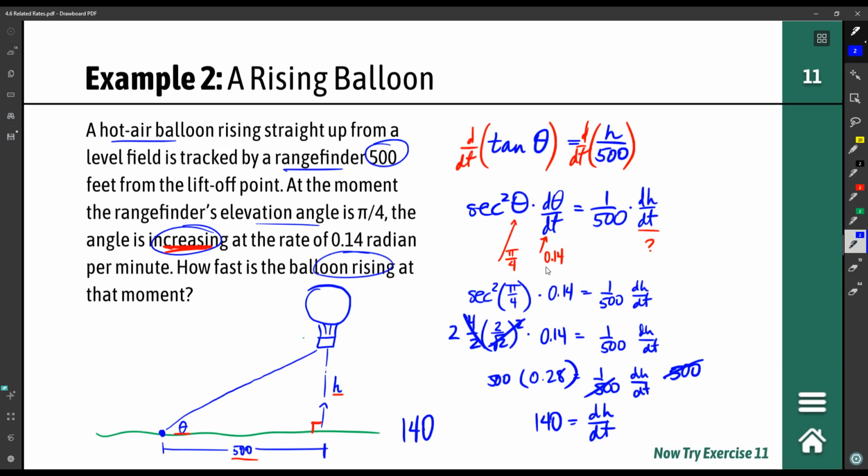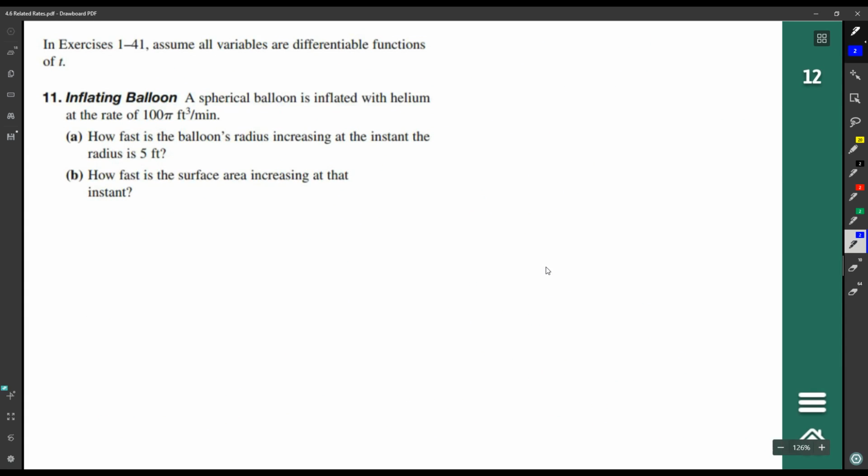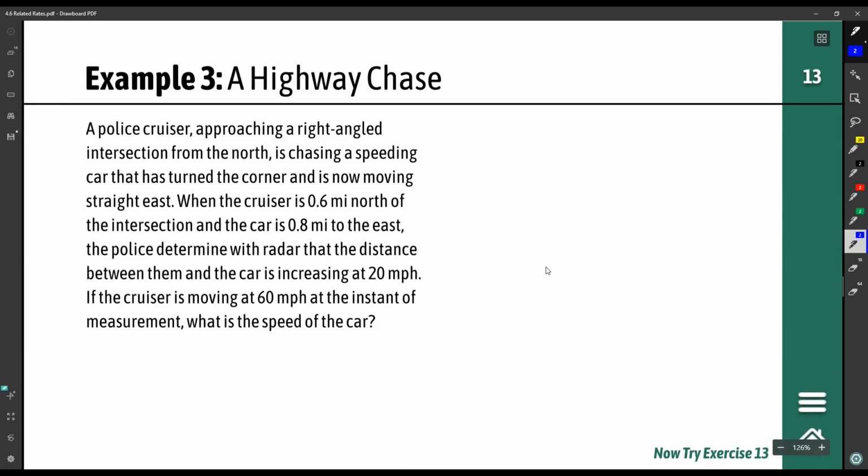And those units in this case are going to be, well, we're measuring things in feet. So 140 feet per minute is the other way we're measuring. So 140 feet per minute is the rate of change in the balloon rising. This question is from the textbook. We'll leave that for class time, and let's go to another example.